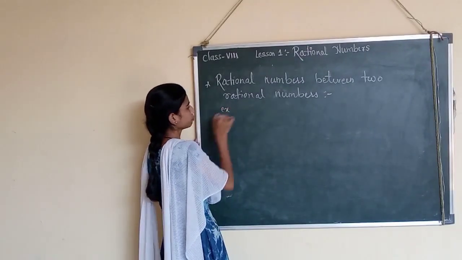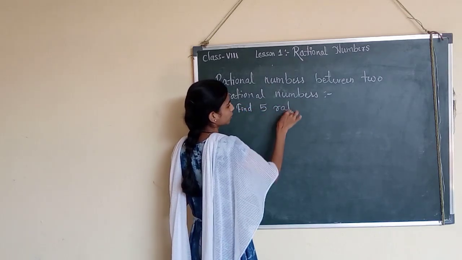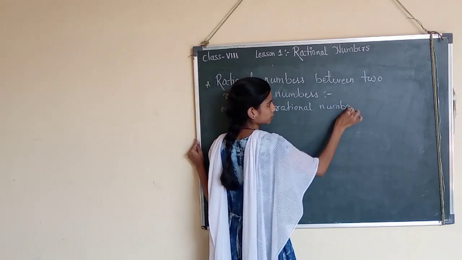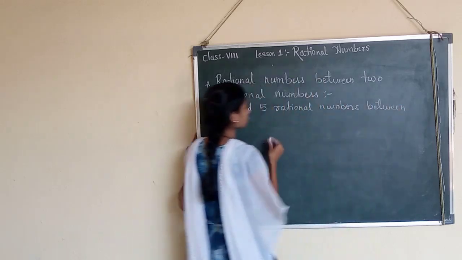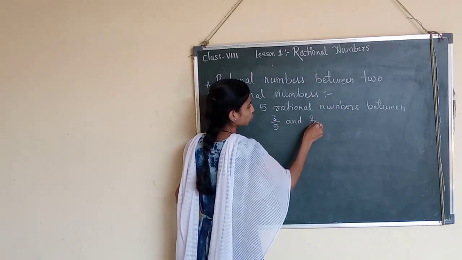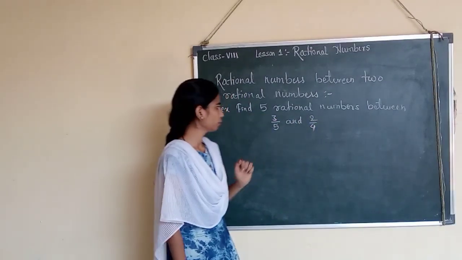So I'll take an example. Find 5 rational numbers between 3 by 5 and 2 by 4. So take the numbers 3 by 5 and 2 by 4.